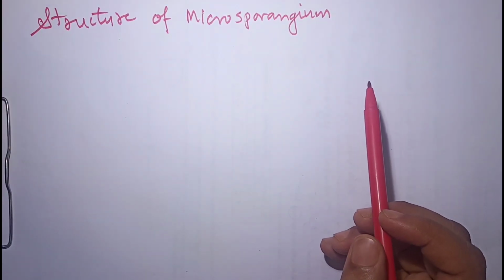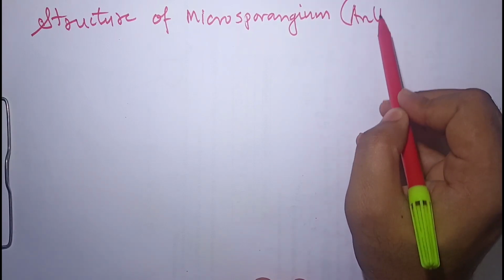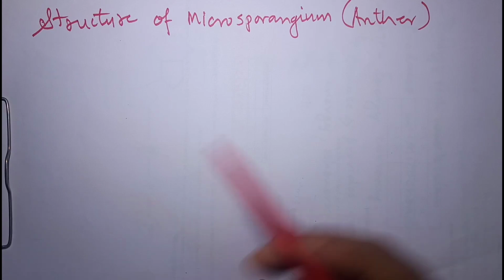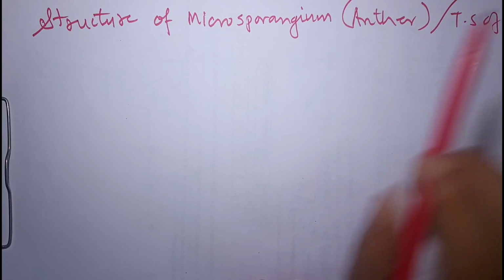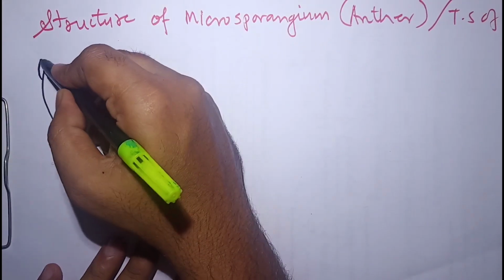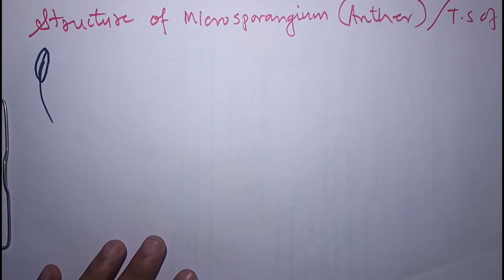As we have just studied, microsporangium means anther. So what are we studying? We are studying structure of anther, or you can say we are studying TS of anther, right? This is anther.